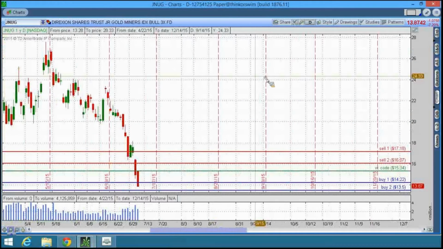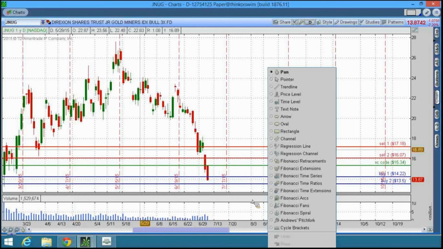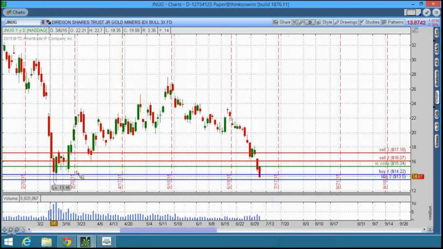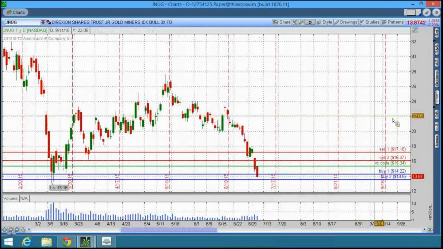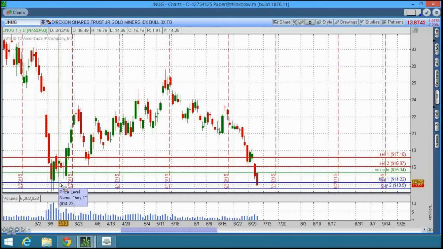And what you see here is that with JNUG as well, it looks like the market has once again come down into this blue zone, as I like to call it, that I identify as the buy one, buy two levels, which are the highest probability to buy the market and the highest risk to sell the market here.